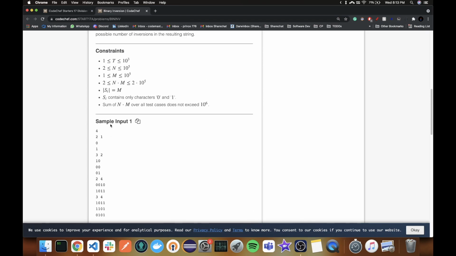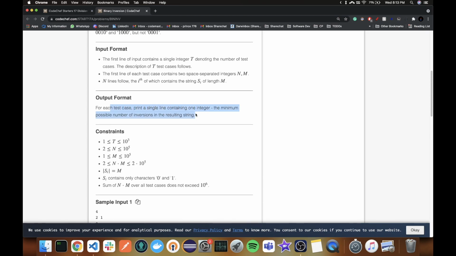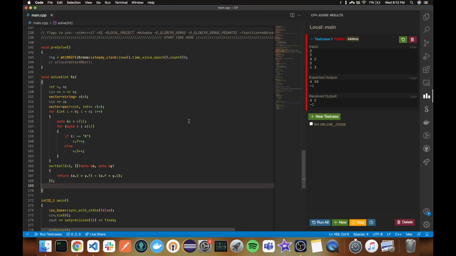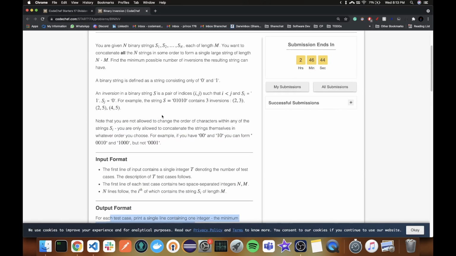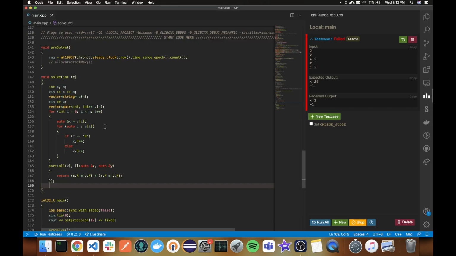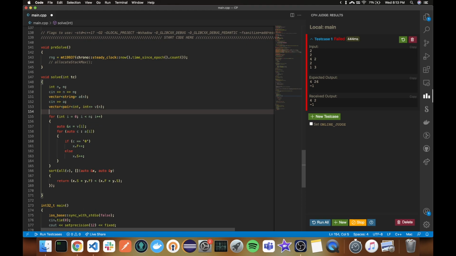And then what can I do? What do I have to do? Okay. So I want to calculate the number of inversions, right? First of all, let's calculate the inner inversions.